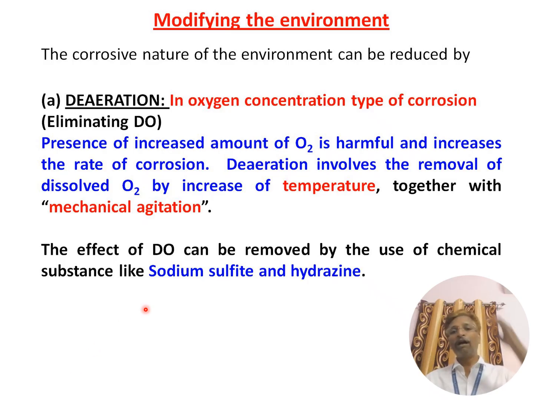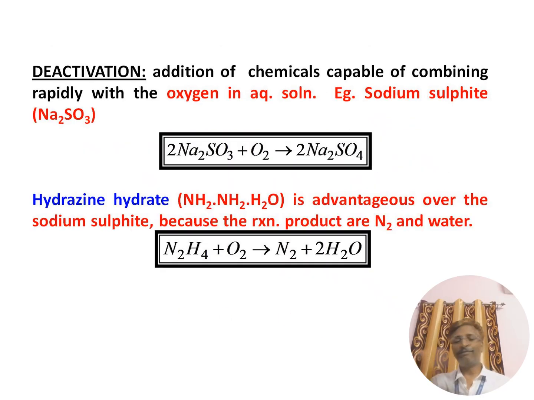Okay, so how can we reduce the oxygen concentration? The effect of dissolved oxygen can be removed by the use of chemical substances like sodium sulfite and hydrazine. Among the two, hydrazine is the best way to remove oxygen. Very simple equations, just look.